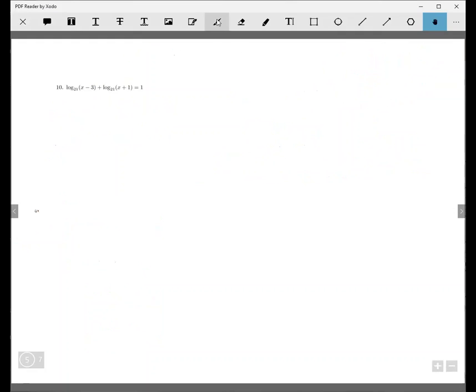Okay, now let's go to the next one. Log base 21 of x minus 3 plus log base 21 of x plus 3 equals 1. So we're going to combine those together.